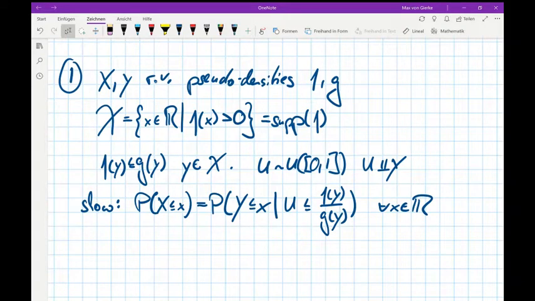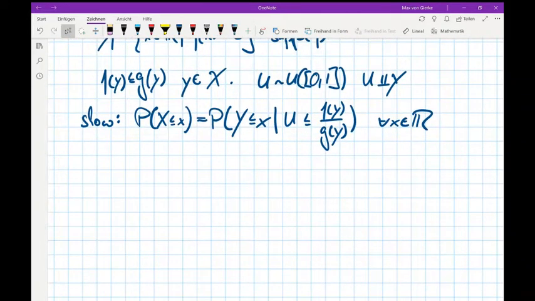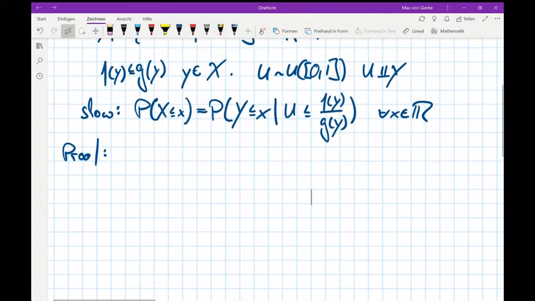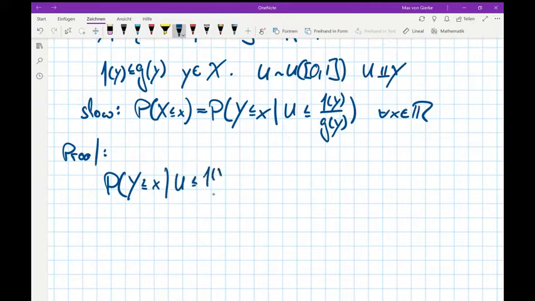How do we show that? We just fix some arbitrary x and start with the right hand side here. The idea is that we just straightforwardly compute this.